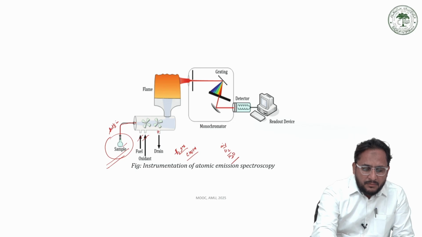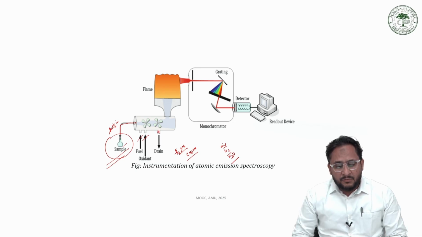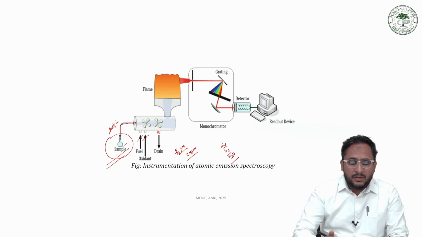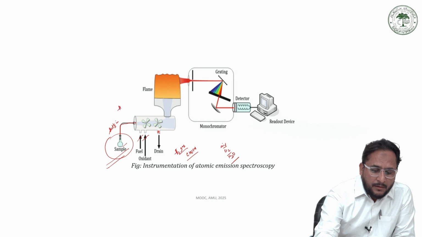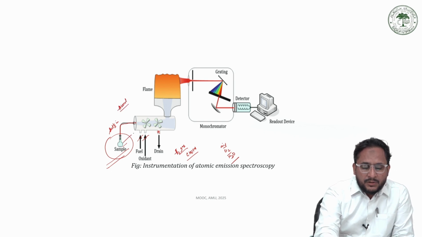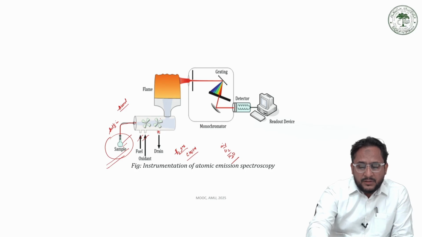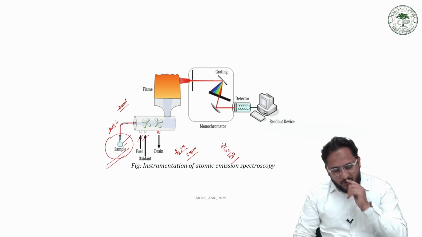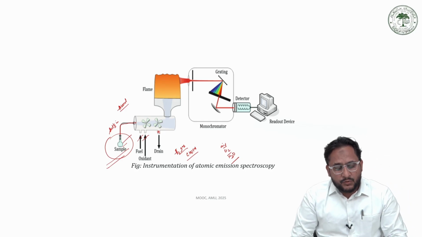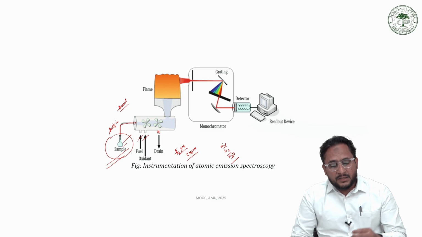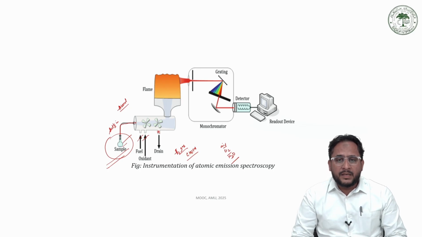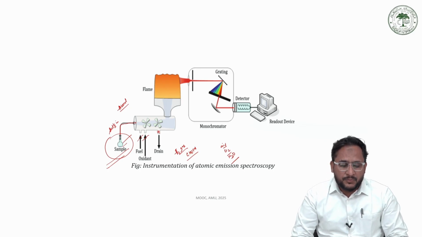While the sample is uniformly mixed with fuel and oxidant to convert it into an aerosol. So the sample is here, it is in the form of solution, but before injecting into the flame or into the excitation source or atomizer, it is converted into an aerosol just like we did in atomic absorption spectroscopy.